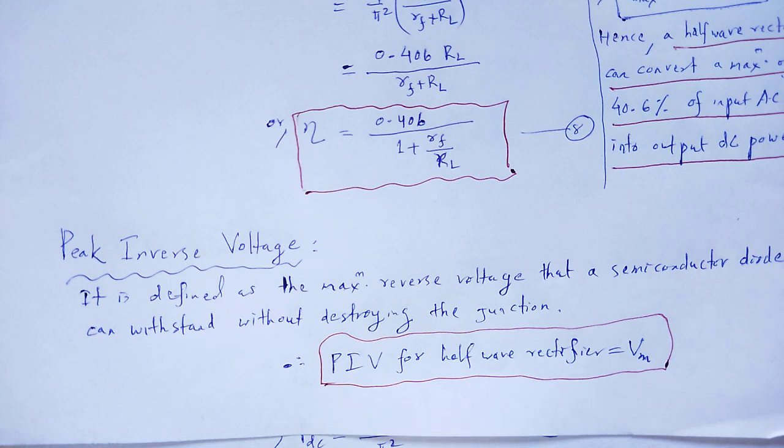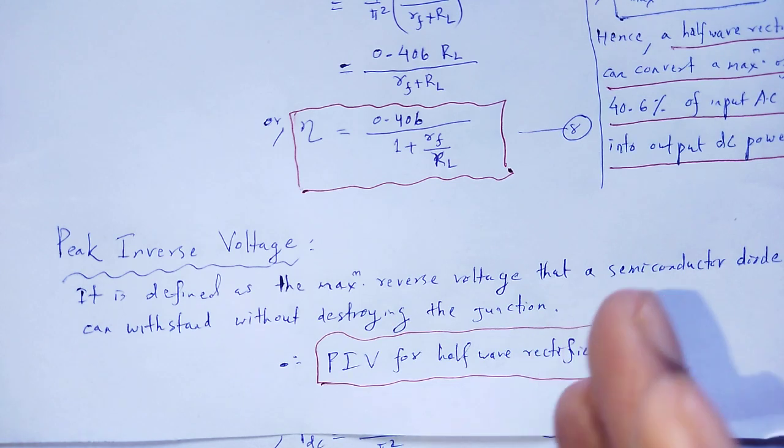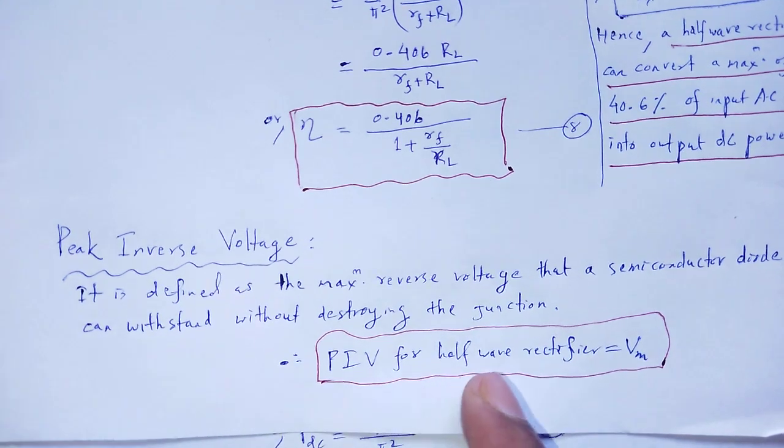As we know, during the negative half cycle of AC input voltage, the junction diode becomes reverse biased and does not conduct current. It means no current flows through the load RL, and there is no voltage drop. As a result, the whole of the secondary voltage, the maximum Vm, appears across the junction diode. So we can say the peak inverse voltage for half wave rectifier is equal to Vm.